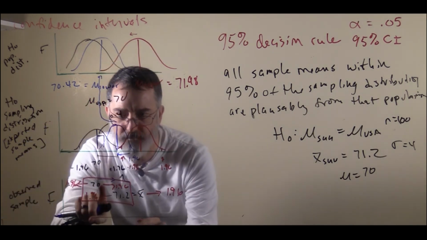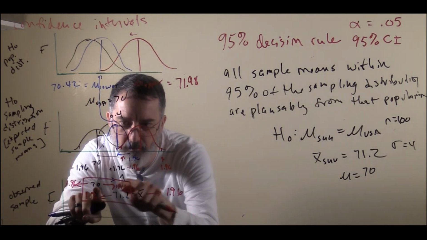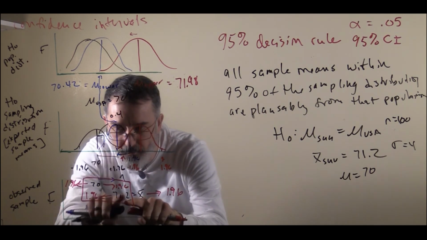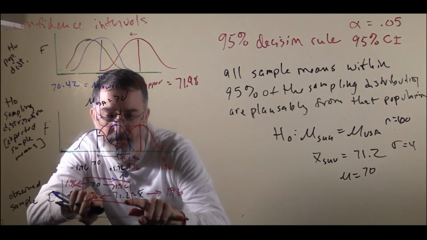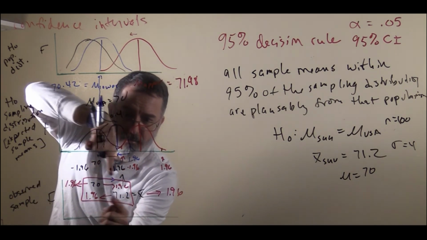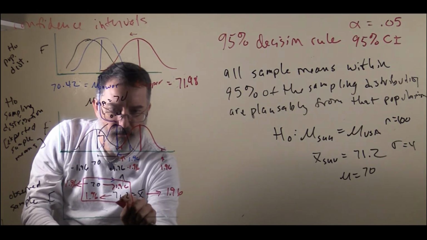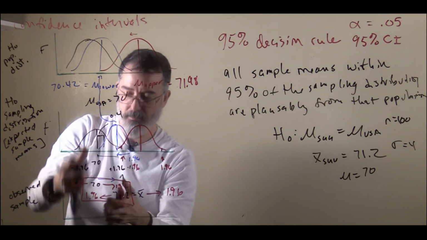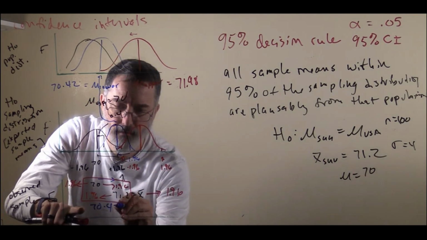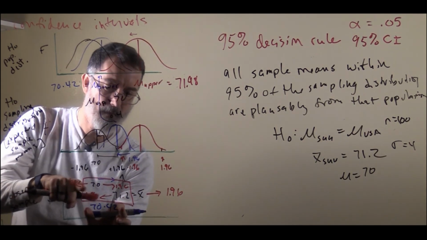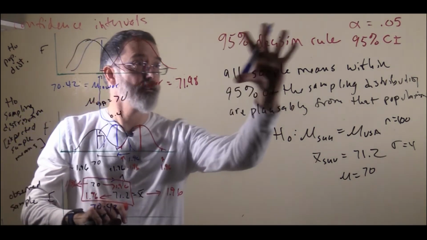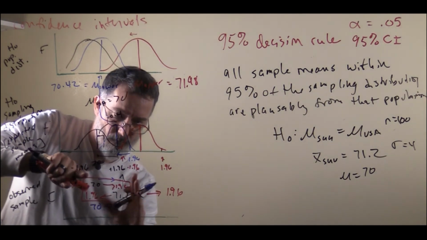Here we reject the null hypothesis if our sample mean is not within 1.96, and what we did with the confidence interval is determine how far over 1.96 is. So these are actually interchangeable comparison points. When we calculated this to be 70.42, that is the edge of the plausible population means that could have produced this sample, because our decision rule is the same in either direction.